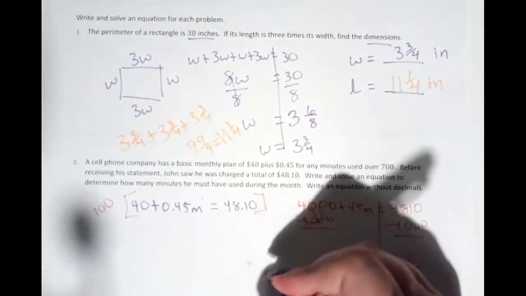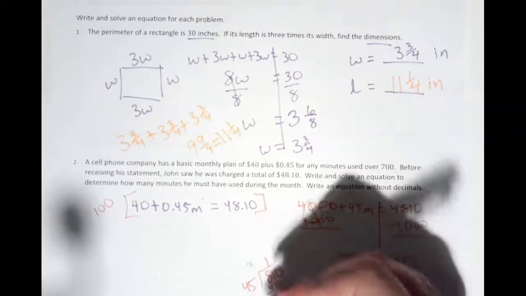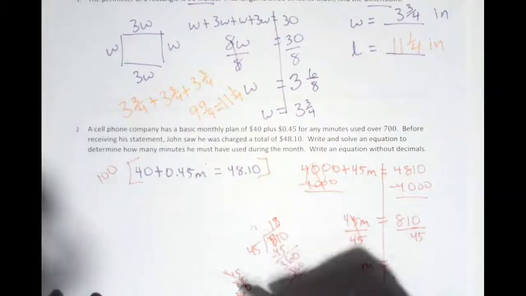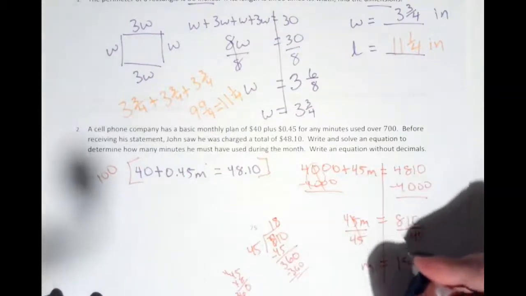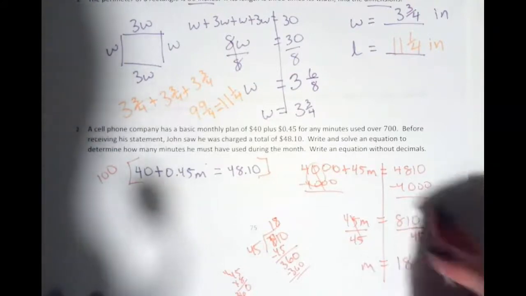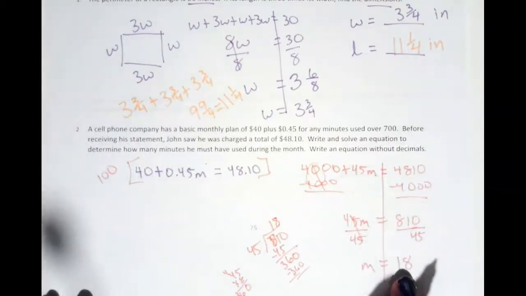Okay. Pause for a second. Did a little math here to the side to figure out that was going to be 18. So, thinking back to the terms of the situation, the minutes would be 18.